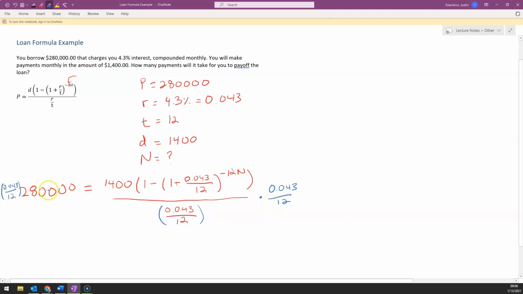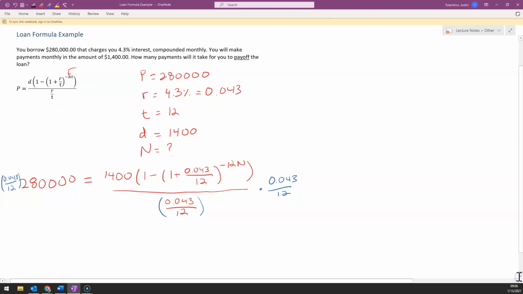Now, one thing you can do is take your calculator and start multiplying that out. But a lot of times what we prefer to do is just write it out and do the calculation at the very end, so we don't have to worry about rounding any numbers off that then make our answer slightly wrong. So I will just write this out as 280,000 times 0.043 over 12.